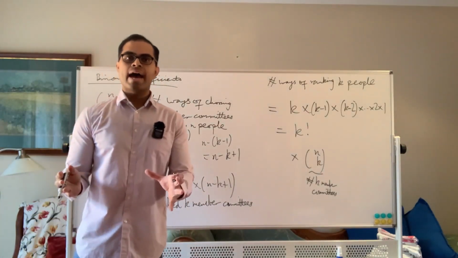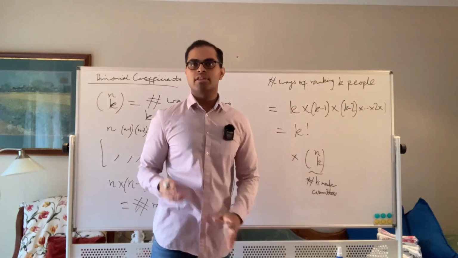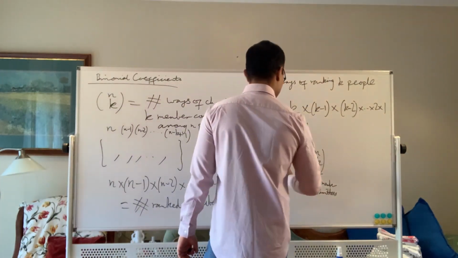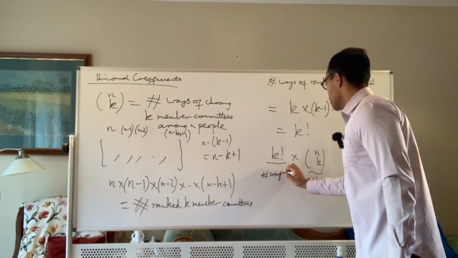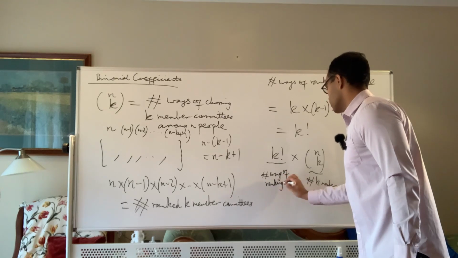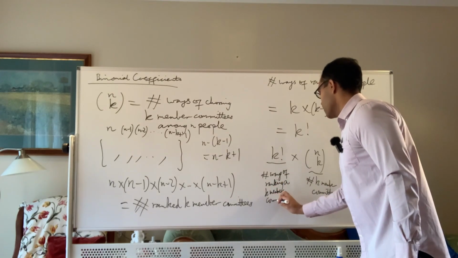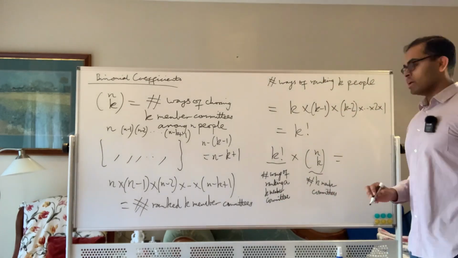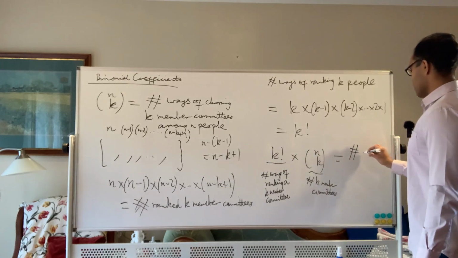Each committee has k factorial rankings: k times k minus 1 times k minus 2 ... times 1 different rankings. That is going to equal the total number of ranked k member committees.